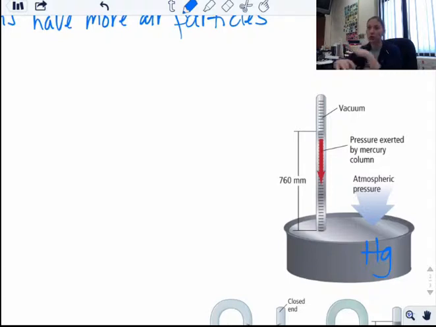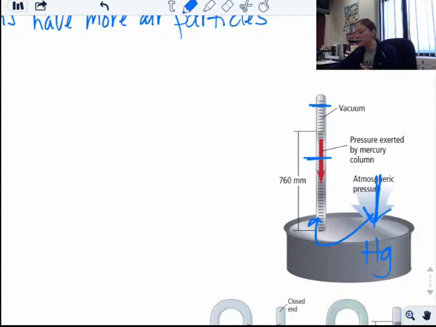Now all the air around us will push on this open pool of mercury. If you have a lot of atmospheric pressure, it pushes down on that pool and the mercury goes higher up the tube. If there is less atmospheric pressure, there's not as much pushing down, so it's not going to be as high of a reading.